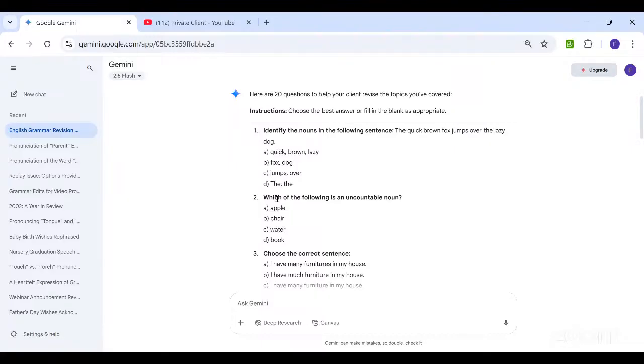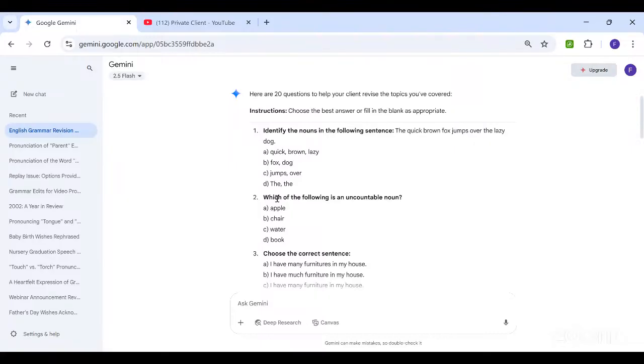So the subject is the fox. One does the action, while the other receives it. The quick brown fox jumps. Fox is the one doing the action, while the object receives the action.